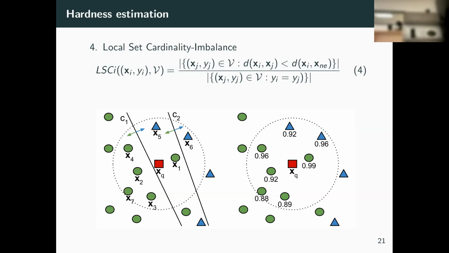So if a minority class sample has 3 samples within its local set, the normalization would take into account that there are far fewer samples from that class than from the other.